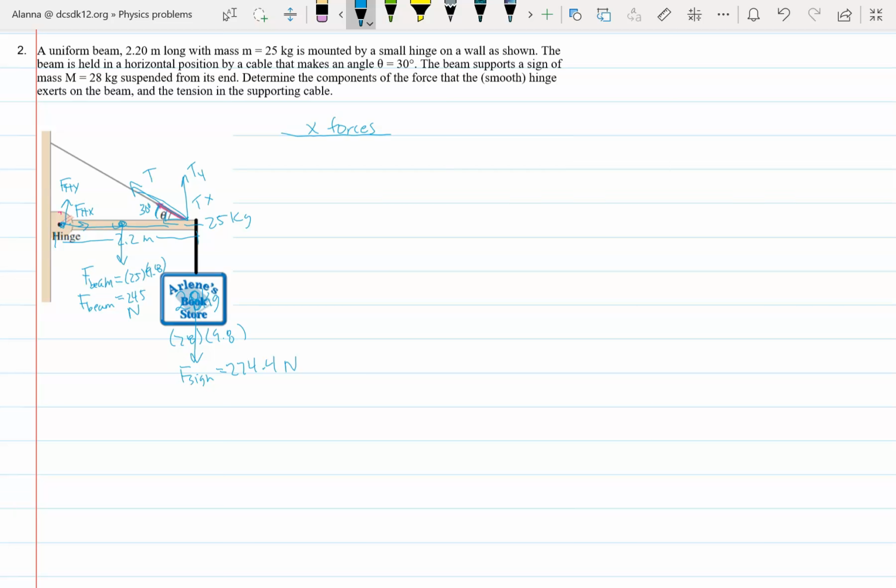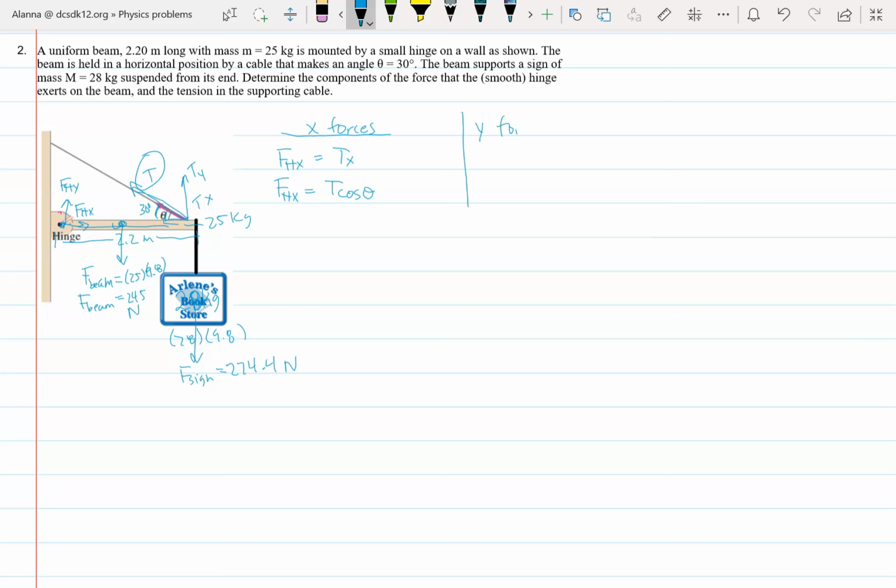And those are in opposite directions, so I know they have to equal each other. So I'm going to say FHX equals Tx. And I can break this tension up into components. So I know that Tx is going to equal T times the cosine of that angle. So those are my forces in the x direction.